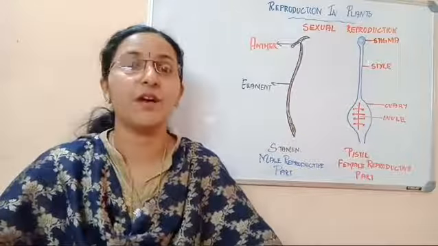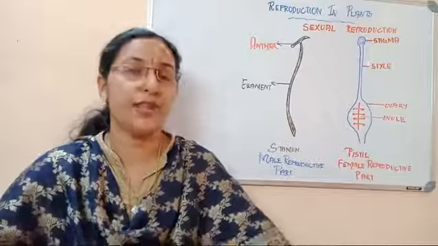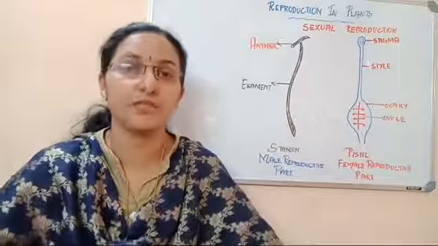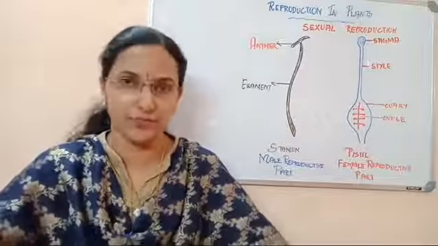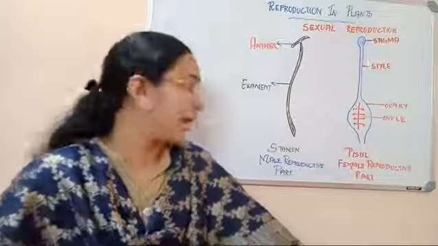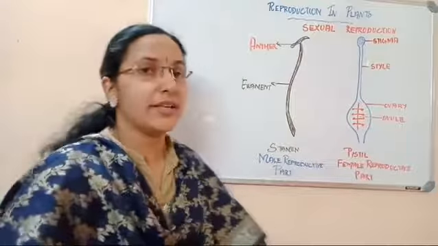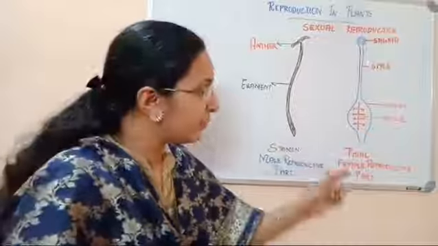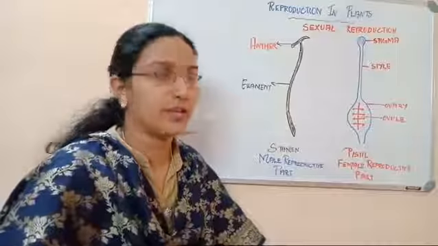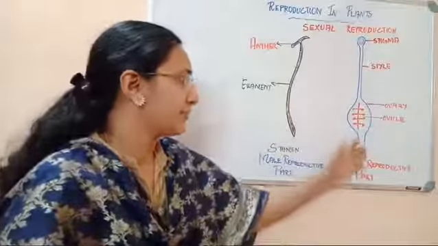Therefore, by looking at the flower itself, you have to understand whether that flower is a bisexual flower or a unisexual flower. Here, the male reproductive part of the flower is the stamen, and the female reproductive part of the flower is the pistil. Here it is a pistil.